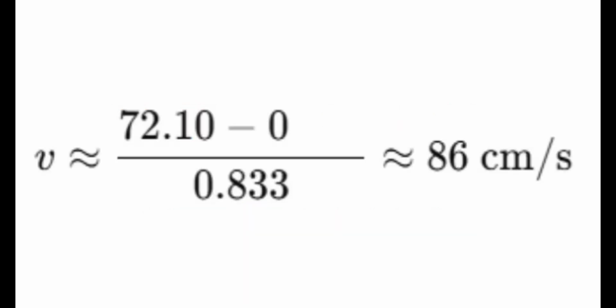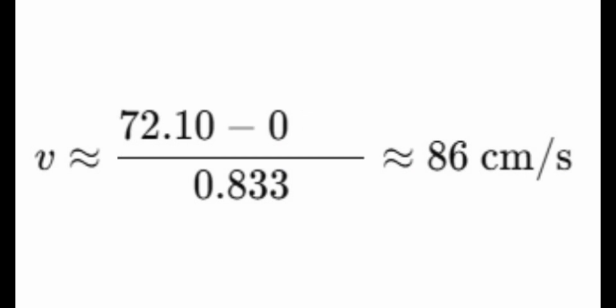My initial conditions come from the observed data. At t equals 0, the position x of 0 equals 0. To estimate velocity, I use the slope of the x versus t graph, or delta x over delta t.